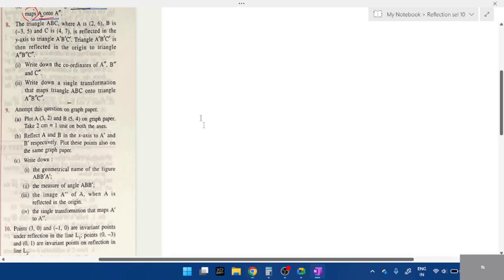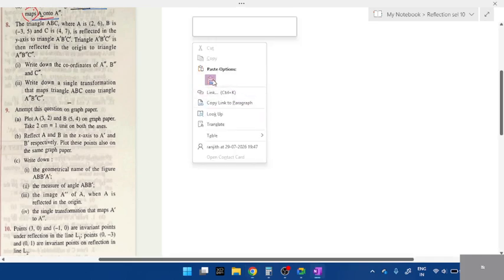Okay, fine. Bhargav has sent it. Look at your graph sheet.